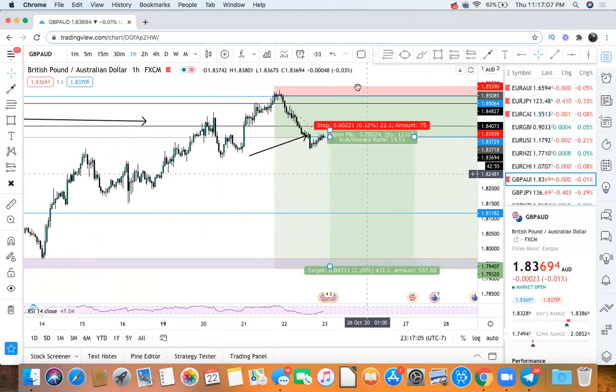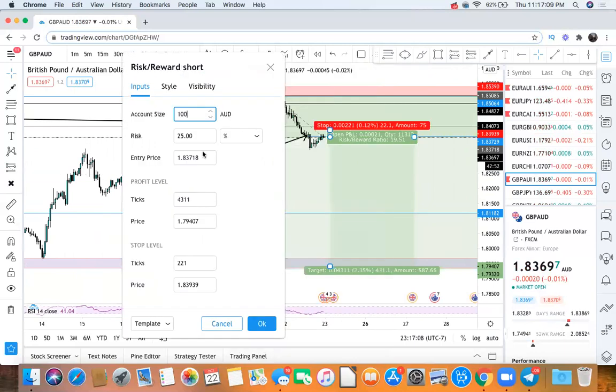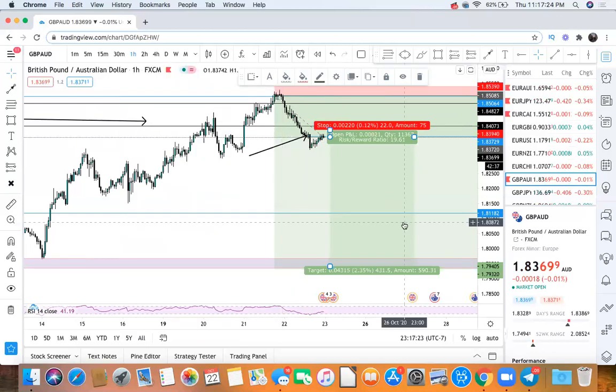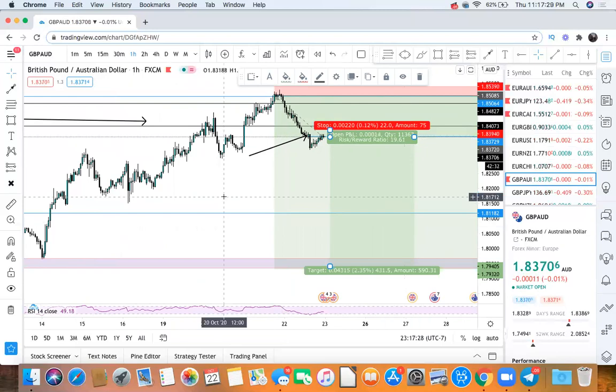But here it is. This would be our entry price for market execution. This one right here is going to be our profit area, and this right here will be our stop loss area, risking 22 in total to gain 431 pips for our overall take profit on GBPAUD.